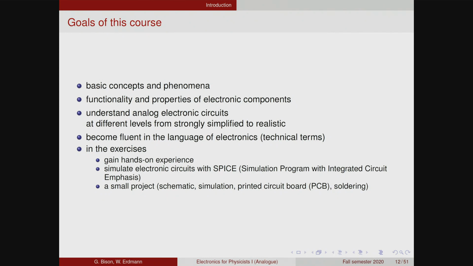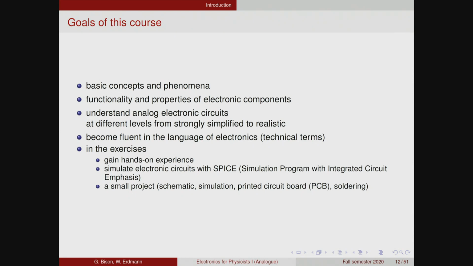Another goal is to become fluent in the language of electronics. So even if, I don't know, if you do a PhD thesis and your experiment requires a special electronic setup that doesn't exist, so you have to build it, then probably you will build it together with an electrical engineer or a technician who do that all the time.